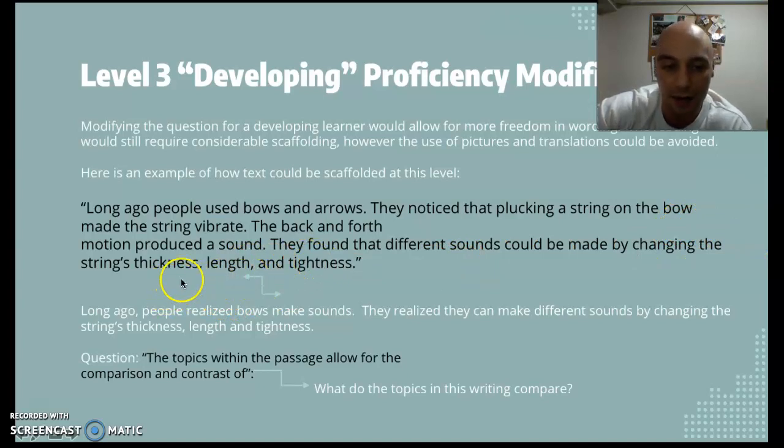So you can simplify that to: long ago, people realized bows make sounds. They realized they can make different sounds by changing the string's thickness, length, and tightness. Generally that would be the kind of scaffolding I would do for modification for that proficiency level. I changed the question to: what do the topics in this writing compare? Is it the piano or is it the instruments?